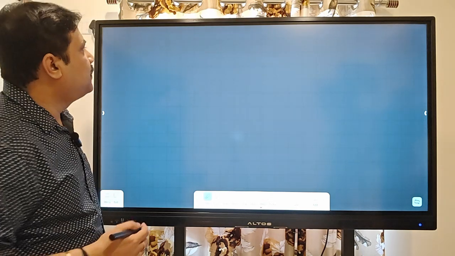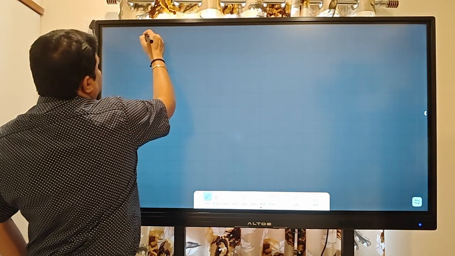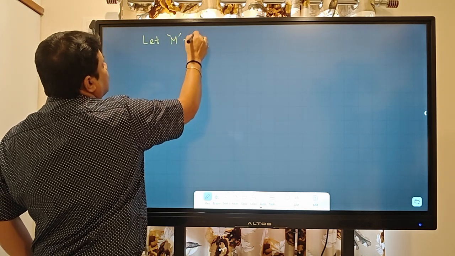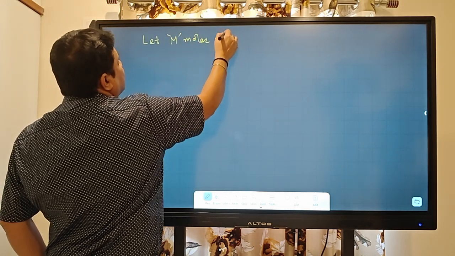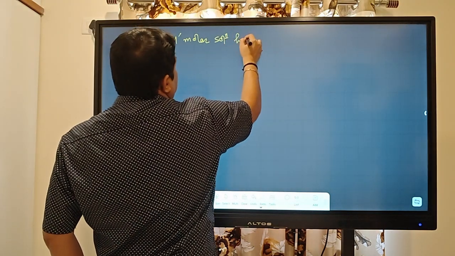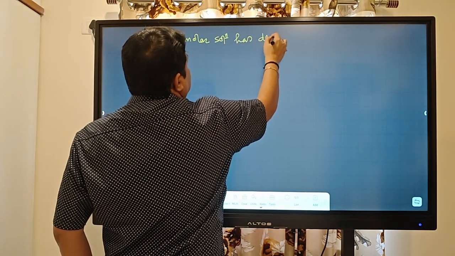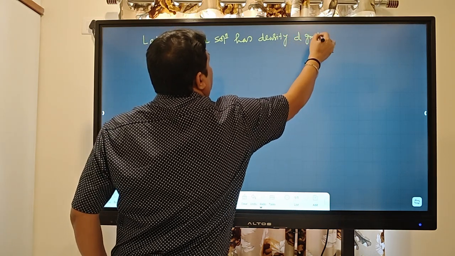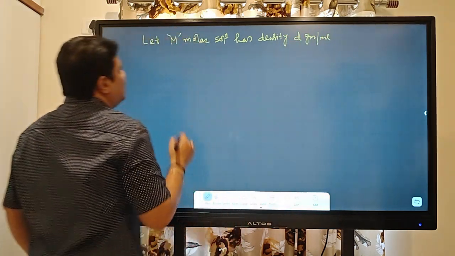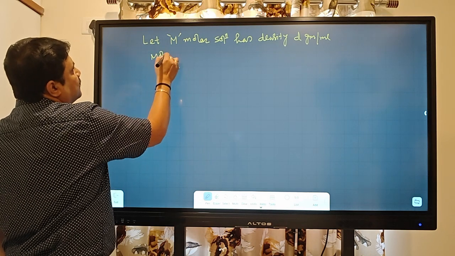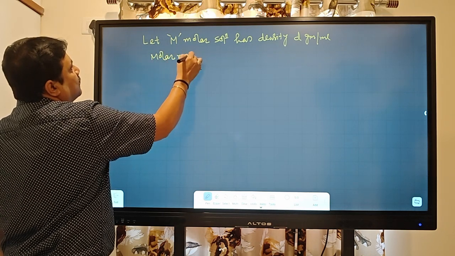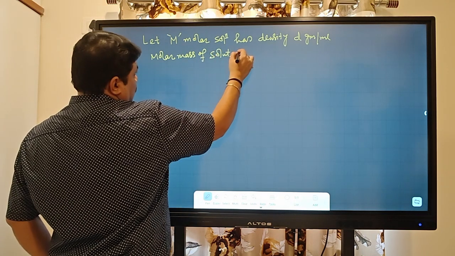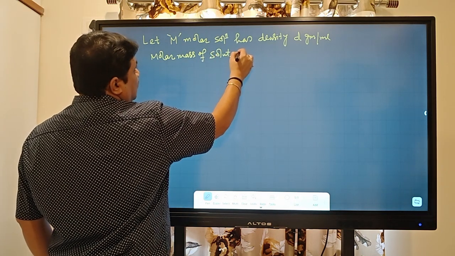If you look at, I am telling, let a capital M molar solution have a density d gram per ml, and molar mass of solute, I am telling, is M2.